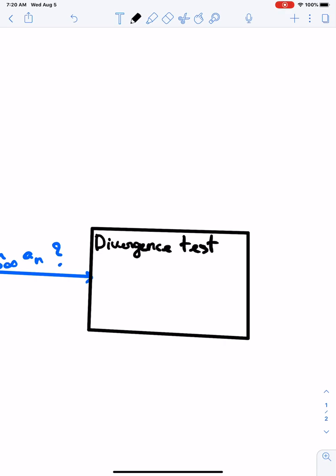Well, if the limit as n approaching infinity of a sub n is not equal to 0, then it's guaranteed that this infinite series is going to be divergent. Absolutely, it's for sure. If the limit is 0, it tells us nothing about the convergence of the series, but if the limit of a sub n as n approaches infinity is not equal to 0, then we can be pretty sure that this thing is going to be divergent.